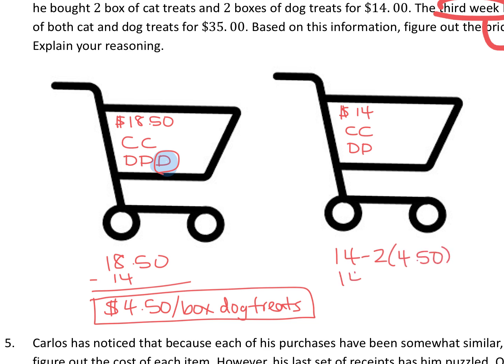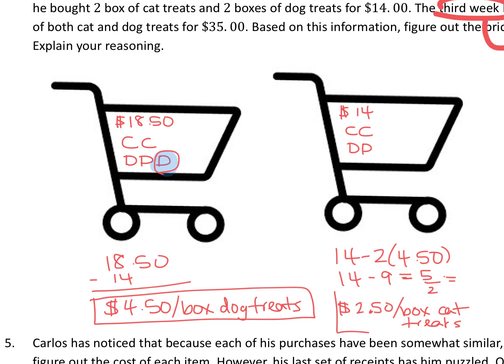So that's going to be 14 minus, I think, $9. So for $5, we bought 2 boxes of cat treats. So let's split that in half. So that's going to be, I think it's $2.50 for every box of cat treats.